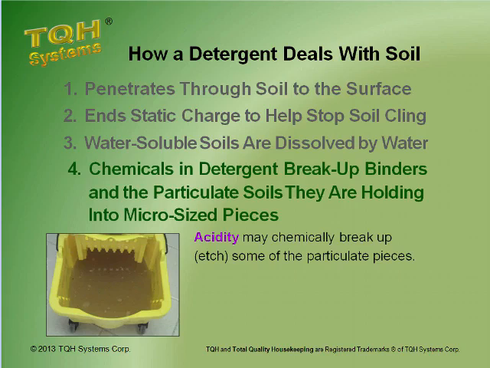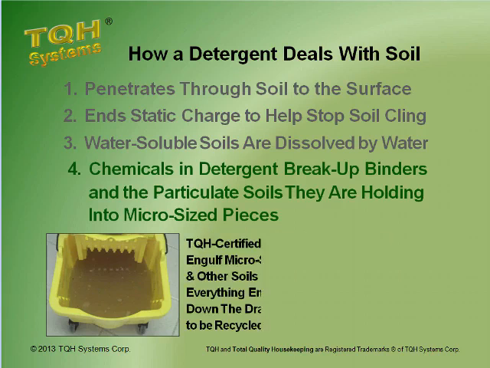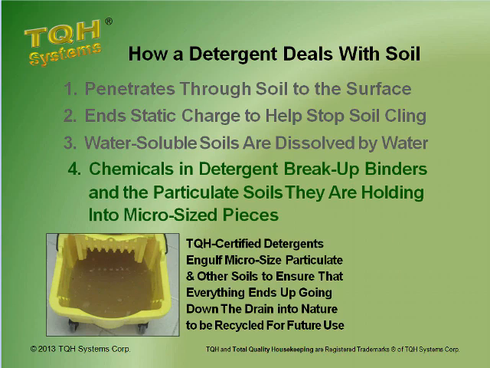Not all of them, but it helps break them down so that the detergent can engulf or encapsulate them. TQH certified detergents engulf the micro-sized particulate in other soils to ensure that everything ends up going down the drain into nature to be recycled for future use.